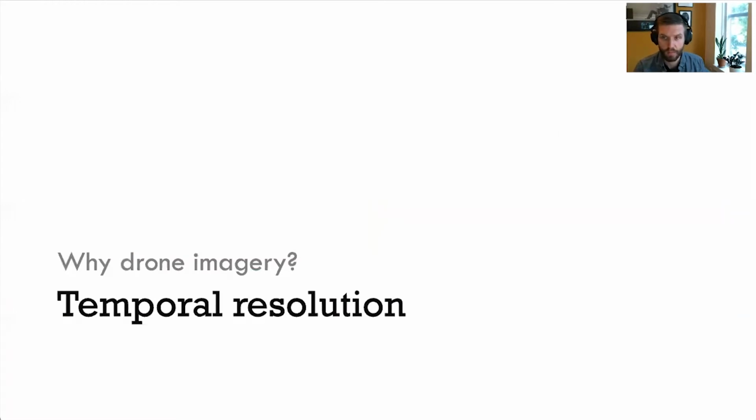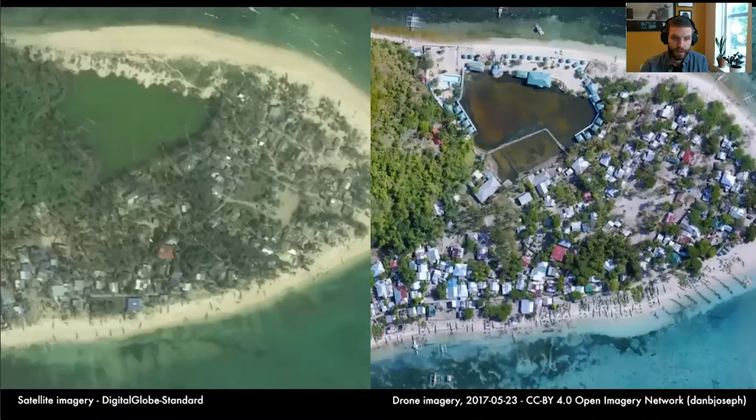So why drone imagery? First, temporal resolution, or resolution over time. These are two images. The one on the left is the publicly available commercial satellite imagery from Digital Globe. The one on the right was drone imagery taken at the same time that the satellite imagery was publicly available. You can see that a lot of changes have occurred in the image.